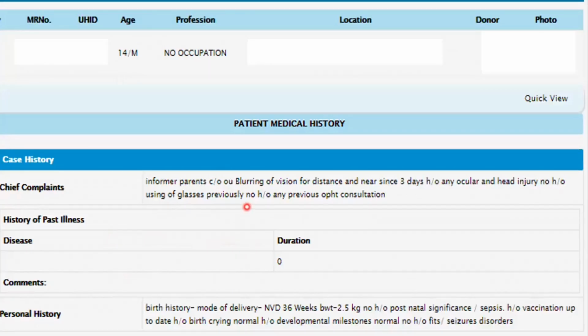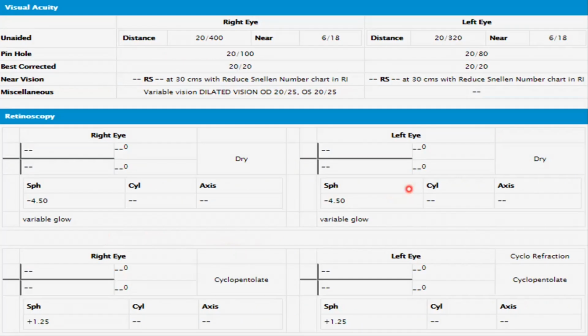Here you can see the patient is complaining of blurring of vision for distant and near since 3 days, and there is a hyperopic shift of the refractive error from high myopia to hyperopia. Why? Because the patient had a history of prolonged near activity for a long period of time. So it was leading to spasm of the near reflex.